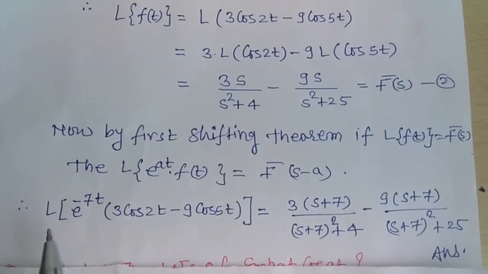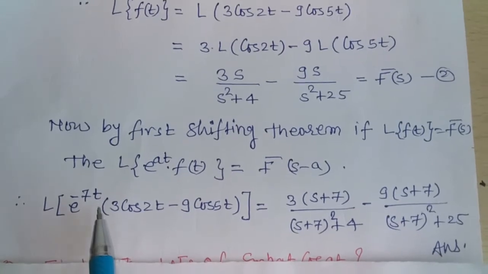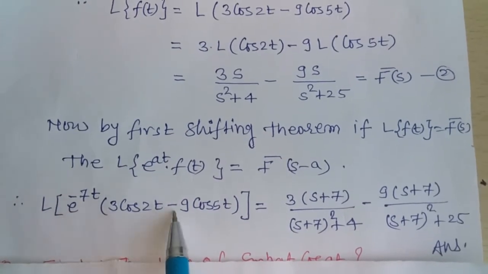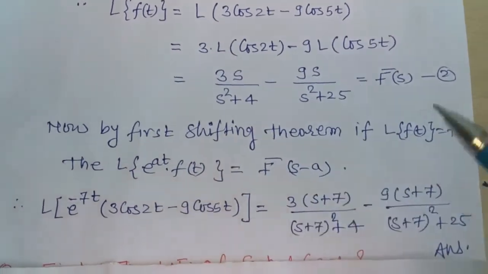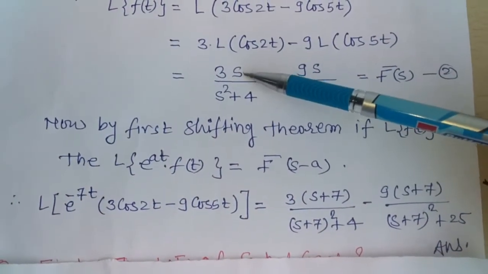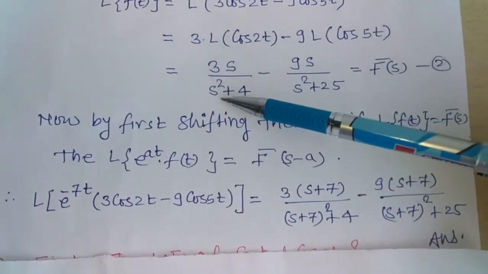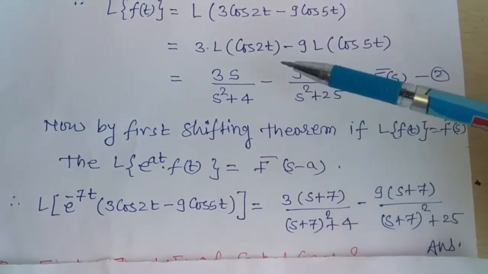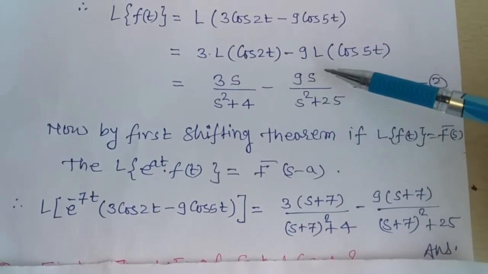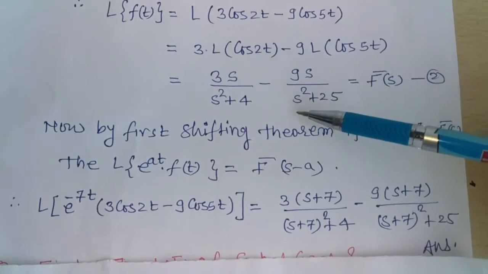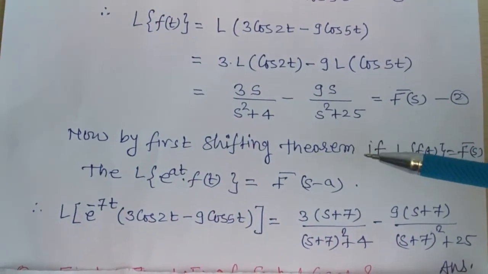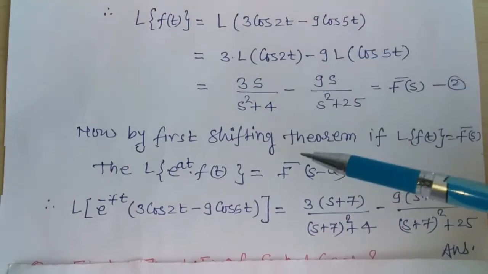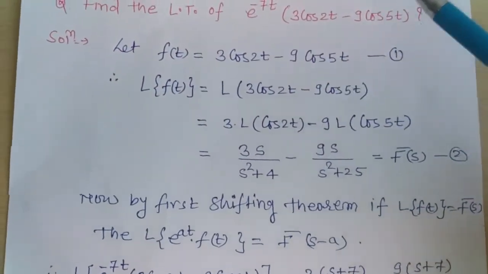So we get the Laplace transform of e raised to minus 7t into 3 cos 2t minus 9 cos 5t is 3 into s plus 7 upon s plus 7 whole square plus 4, minus 9 into s plus 7 upon s plus 7 whole square plus 25. So this is the Laplace transform of the given function.